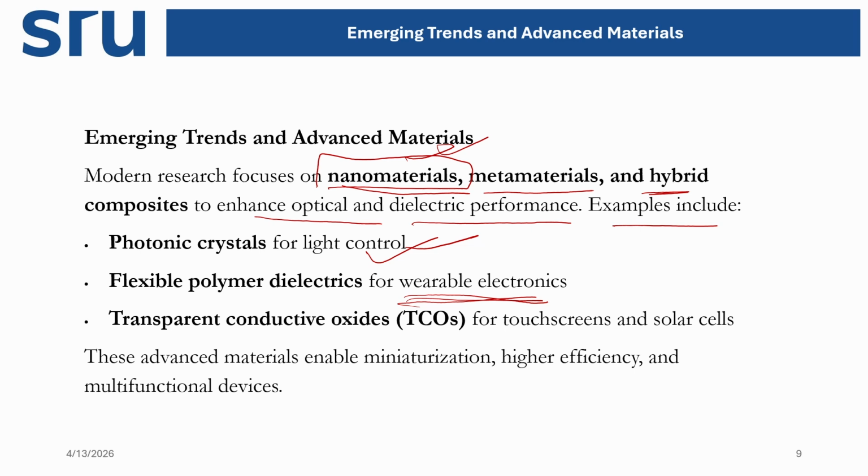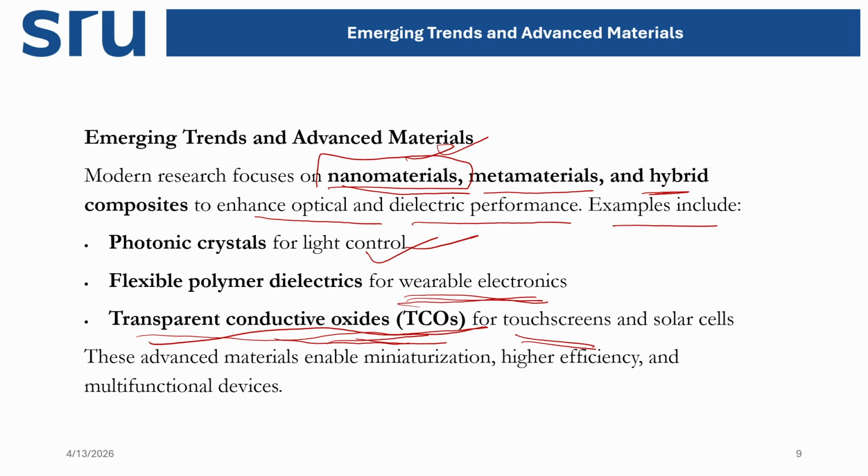And transparent conductive oxides, TCO, are used for touchscreens and solar cells. In these conductive oxides, light can pass through, so that's why they can be used for solar cell applications.